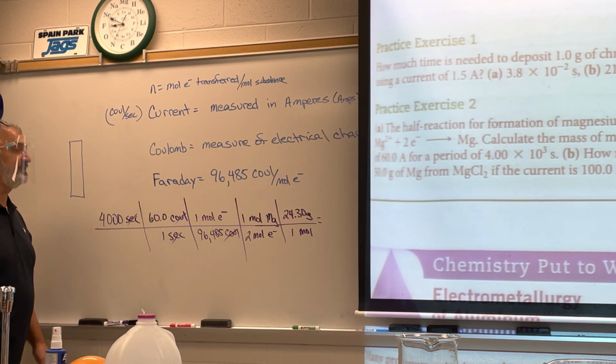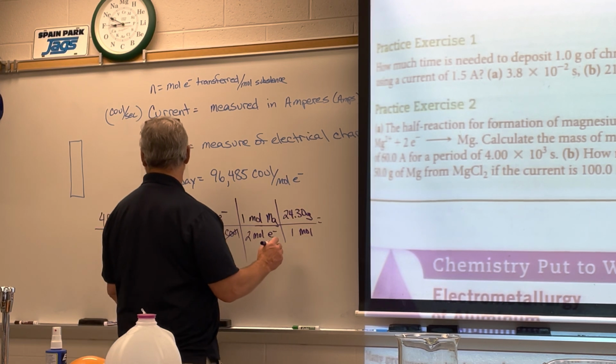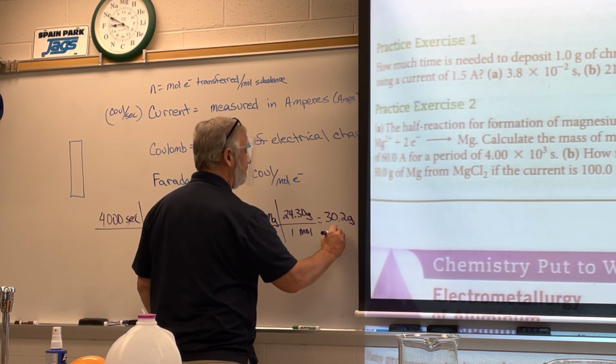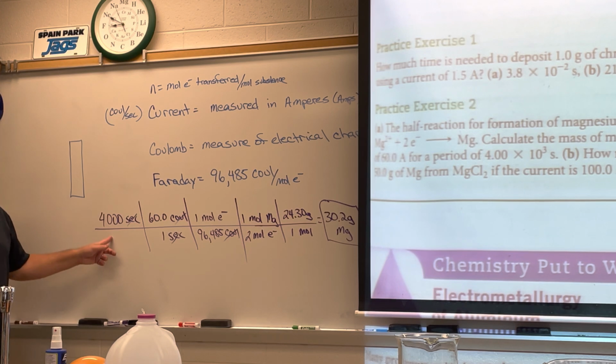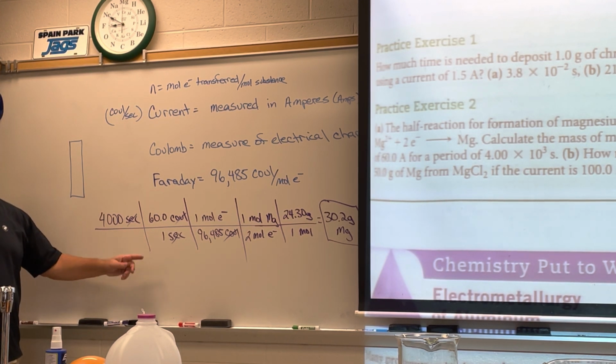And that all turns out to equal? Anyone? 30.23? So let's say 30.2 for 3 sig figs. That's grams of magnesium. So that's how much magnesium could be plated out if, for 4,000 seconds, you ran a current of 60 amps through that.